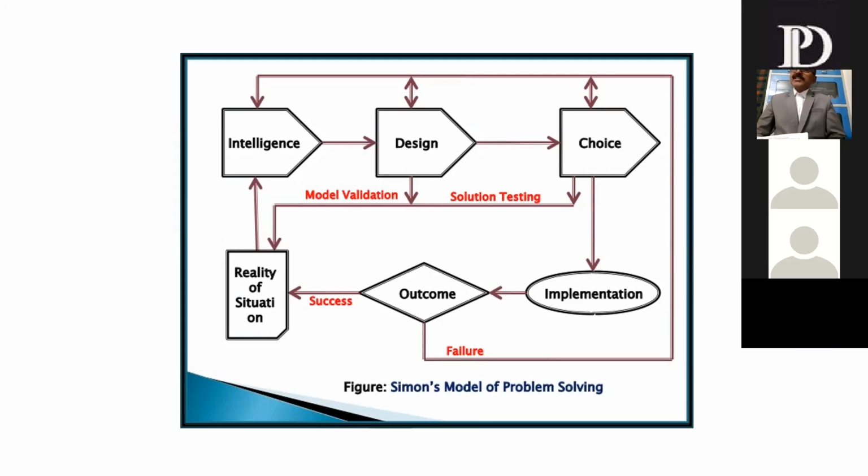So all these, experience also, are very important impact factors on all these results of outcome, that is success and failure. Success and failure depend upon intelligence, design and choice only. So this is one of the important processes of Herbert Simon.